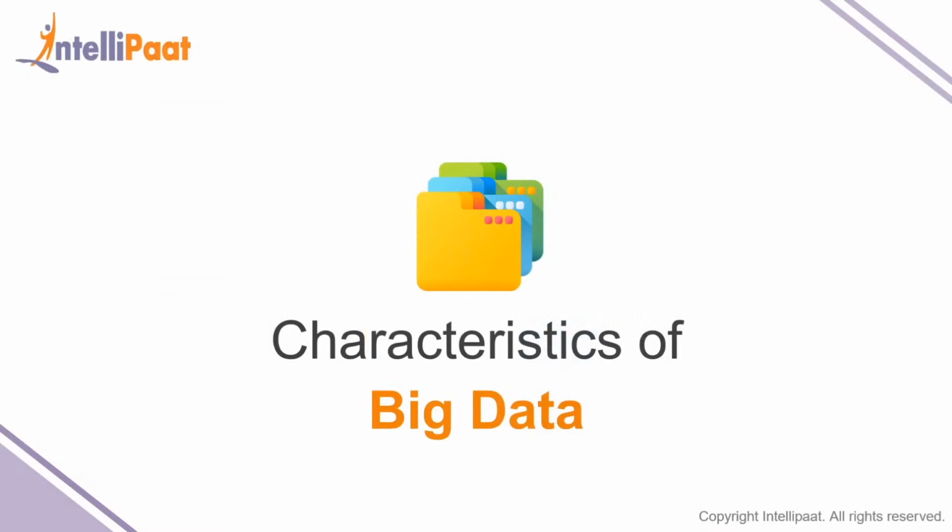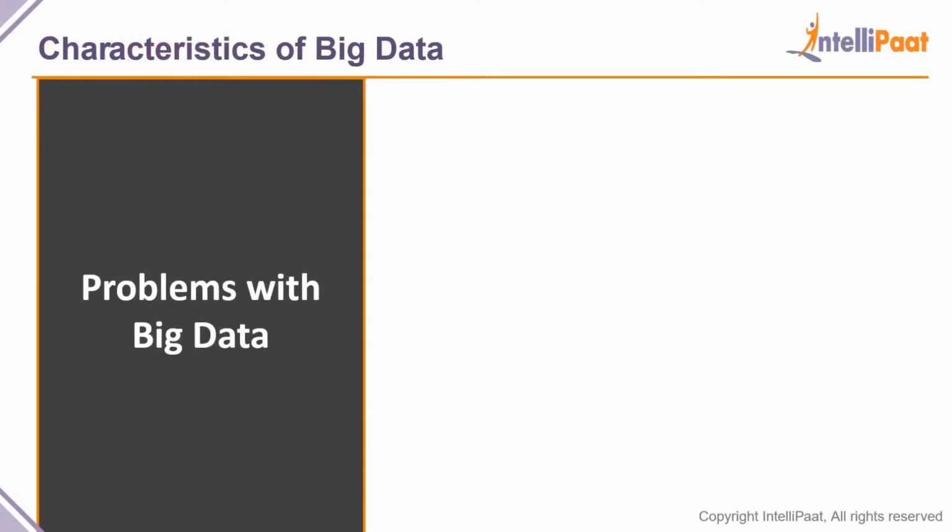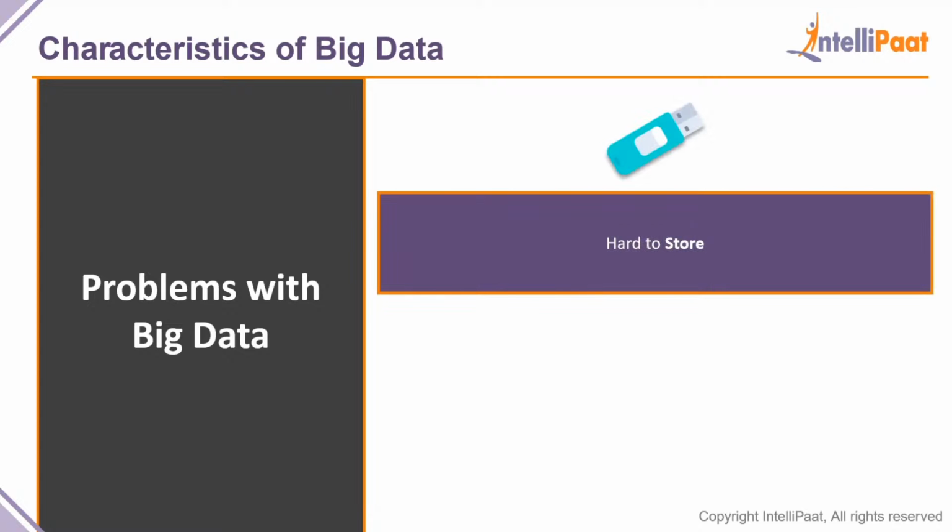So now that we understand the initial concept of big data and the distinction between data and big data, let us go through the characteristics of big data, right? So firstly, the most natural problem that comes with big data is the problem to store it, right? So I just talked about the volume of big data, and it should be from somewhere around terabytes to petabytes.